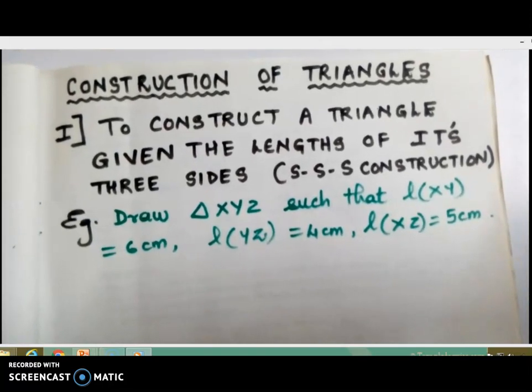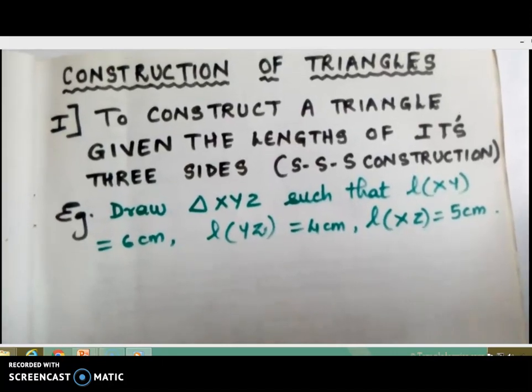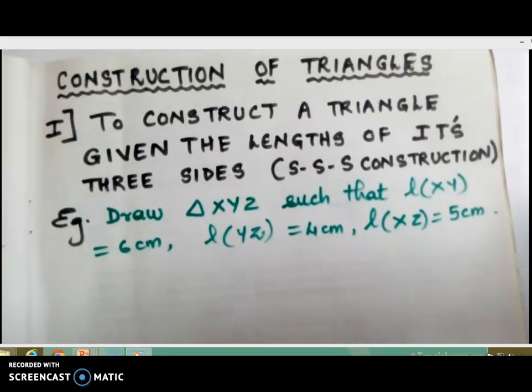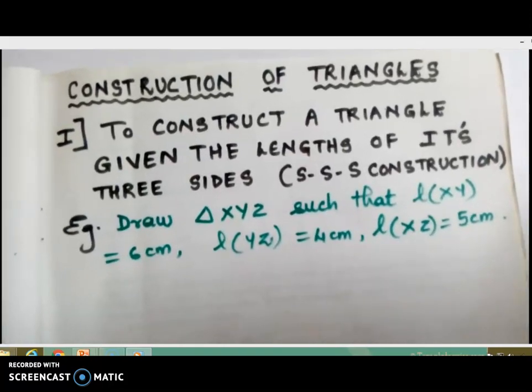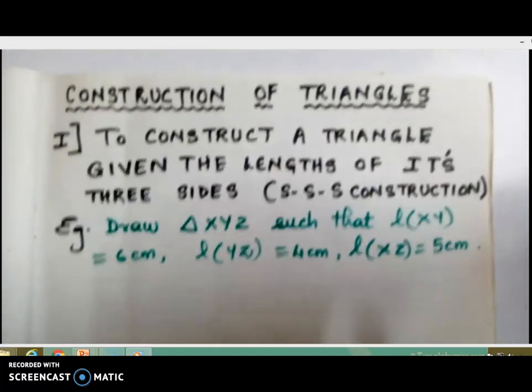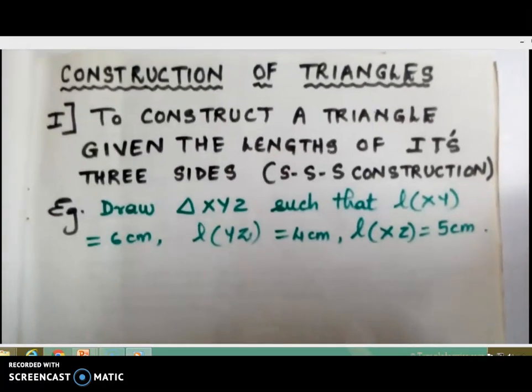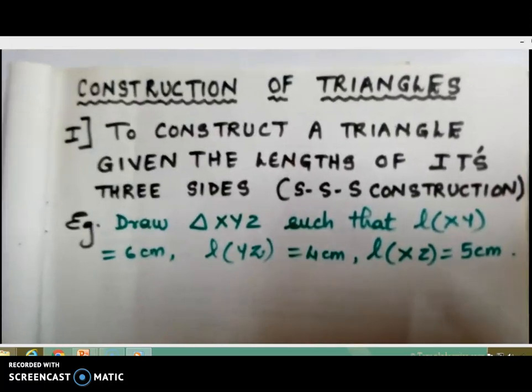In a triangle, when the three sides are given, it is always preferred to take the longest side as the base. And even in your rough figure, the sides should be proportionate. That means 6 cm should not look smaller than 5 cm, and so on.